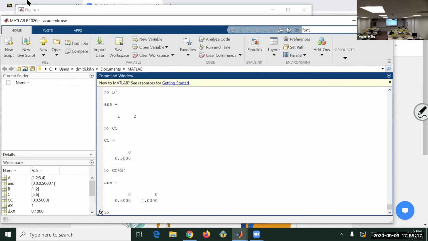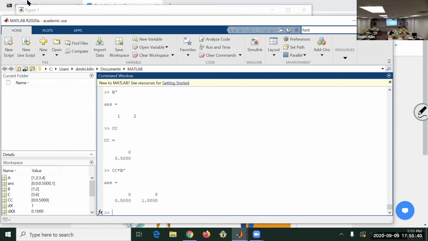So if we swap the order, if you multiply column by row, we still need to practice row by column.